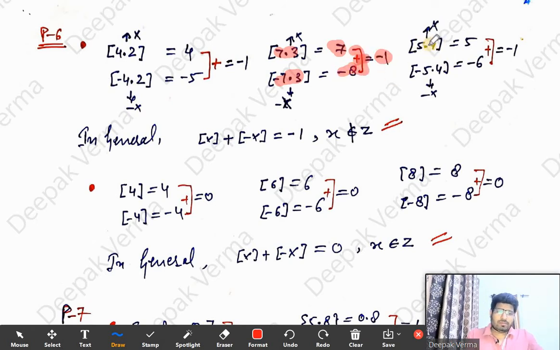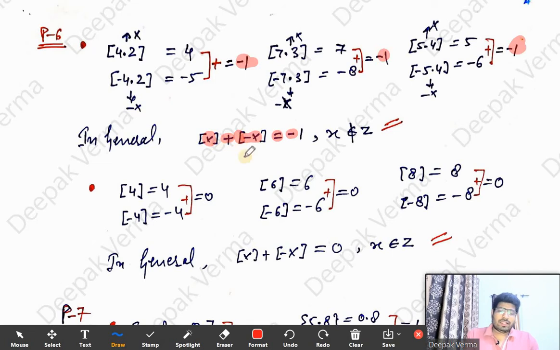Take one more example, box 5.4. Of course, this is equal to 5. Box minus 5.4 is equal to minus 6. If we add, we get minus 1. So what's happening over here? In general, we can say box x plus box minus x is equal to minus 1. You can see minus 1, minus 1, minus 1.